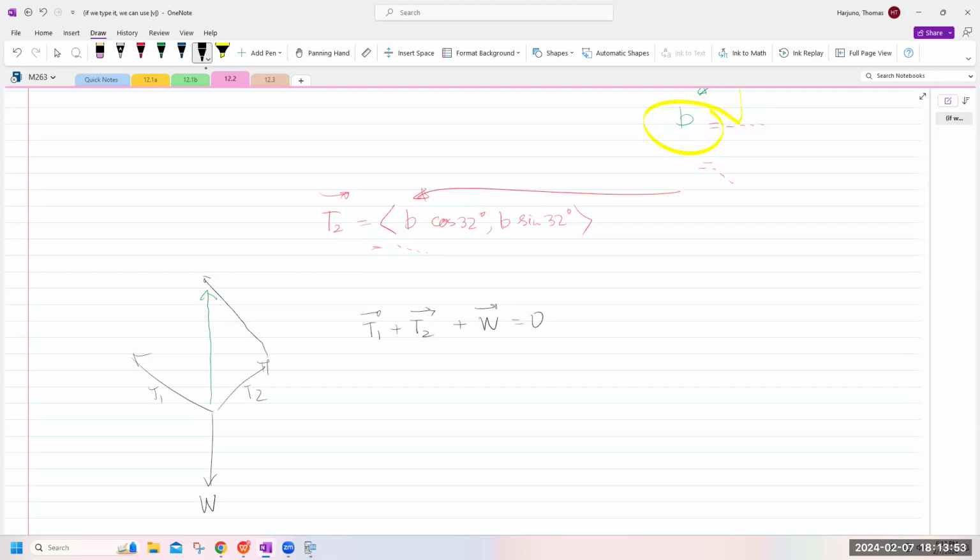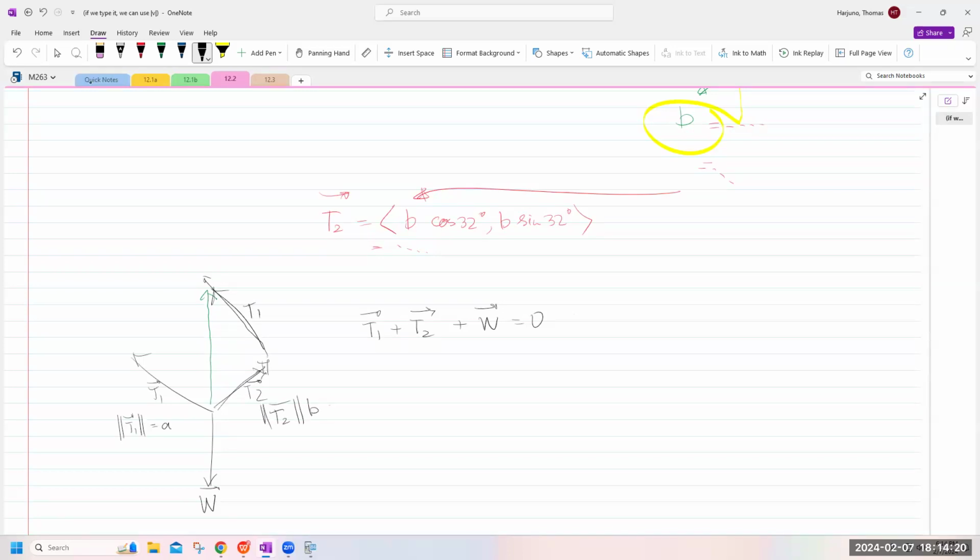If you just want to find the magnitude of T1, which we call A, and the magnitude of T2, which we call B.